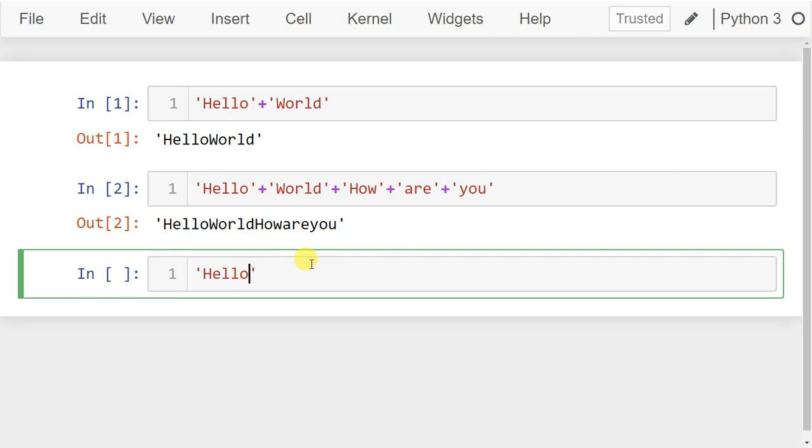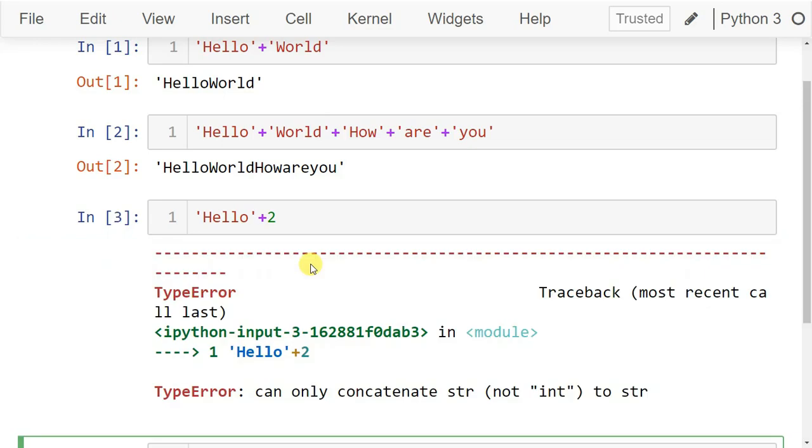Always remember that when you use the plus sign, both the values should be numbers or strings. Otherwise, you will get an error.